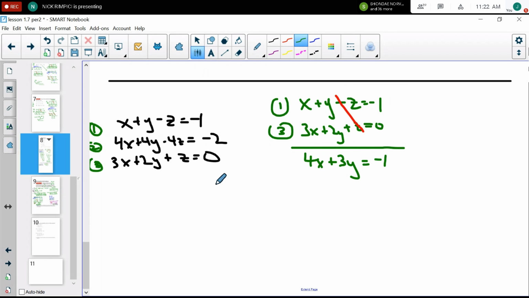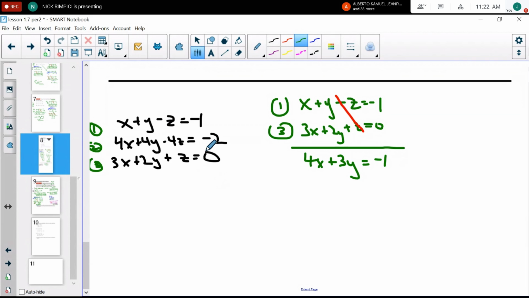Now we have to go again. We need 2 equations, and we can't pick 1 and 3 because we chose that already. If we choose 1 and 3, we're wasting our time because we did it already. So somebody want to give me a different combination? One and two. And 3. Okay, it could go either way.